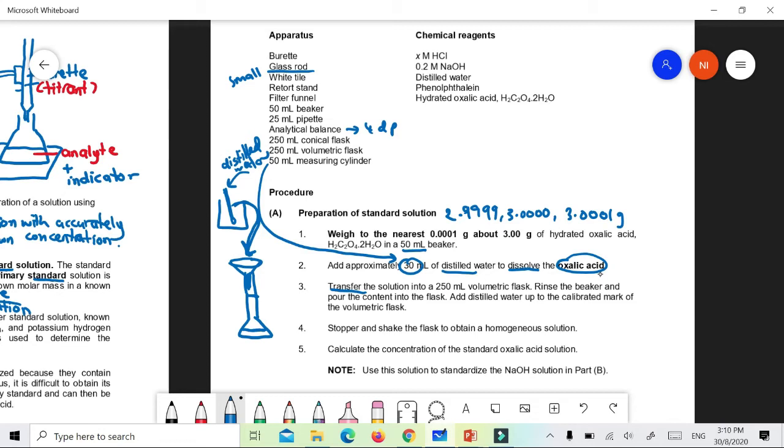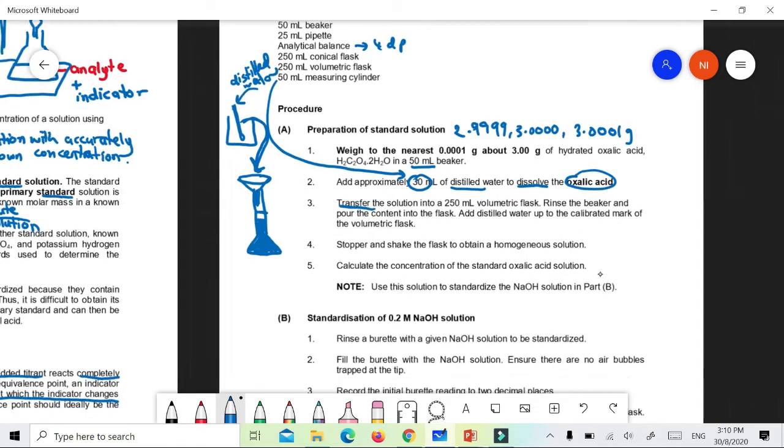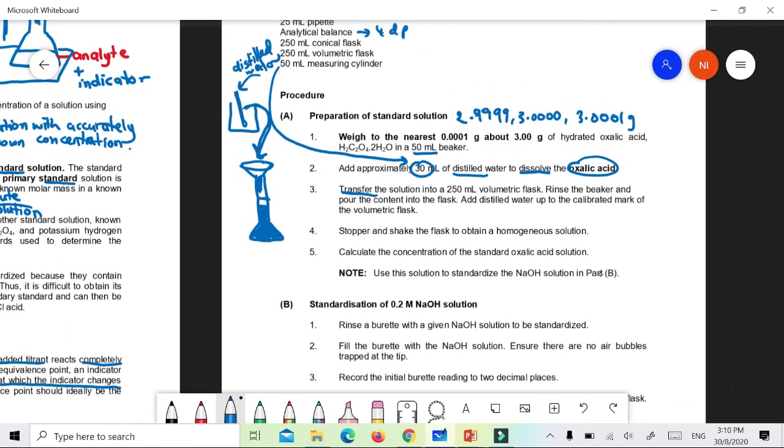Then rinse this filter funnel, let's say up till this. So this is all filled with solution, and we still have a very small volume to reach the graduated level. At this point, you must be very careful. Why?